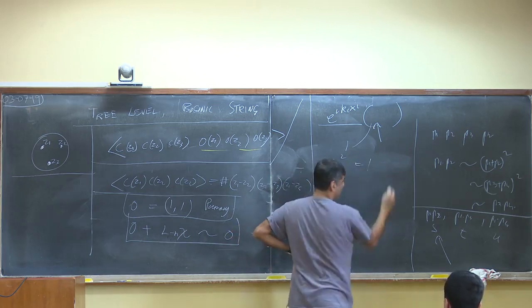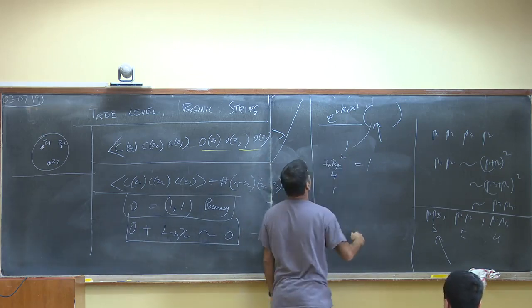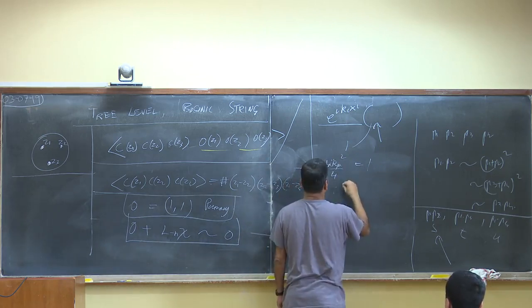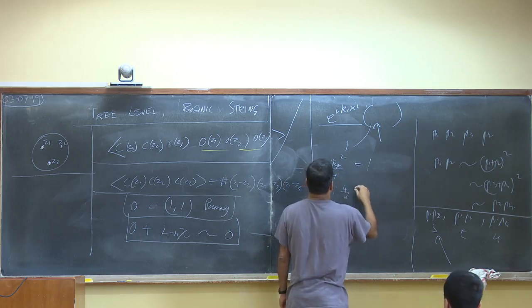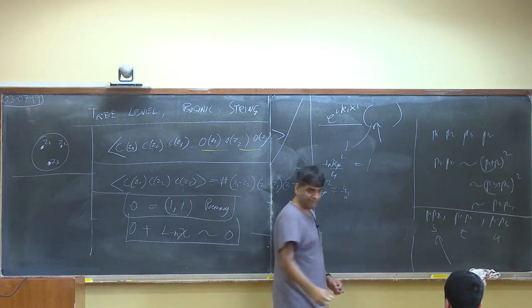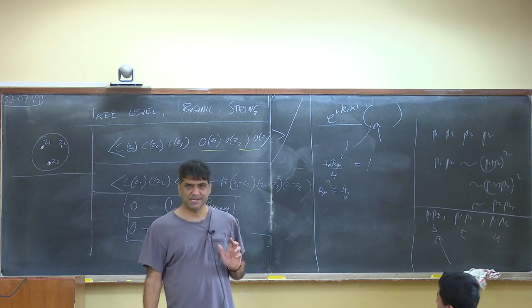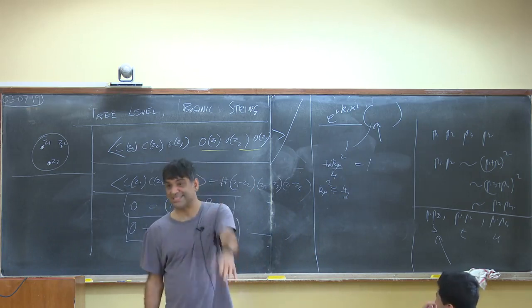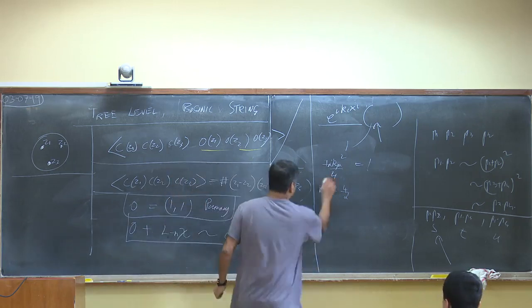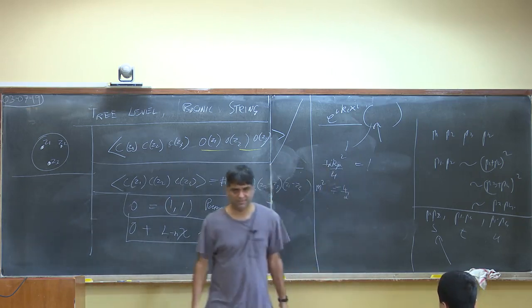So that was equal to 1, which means k mu squared was equal to 4 by alpha prime. And now this k mu squared was minus mass squared, because that was ki squared minus k0 squared. So m squared was equal to minus 4 by alpha prime. That's why it was the tachyon.